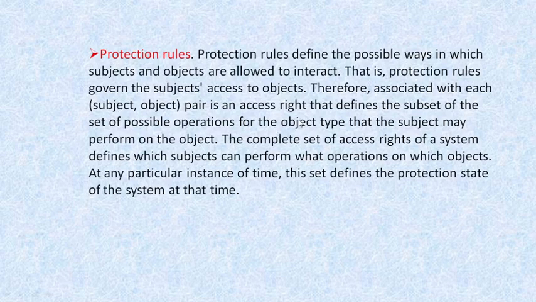It is an access right which defines the subset of all possible operations for the object type. For example, so and so X can access the object Y. Like that, a pair will be maintained and the complete set of access rights of the system defines which subjects can perform what operations on which objects.